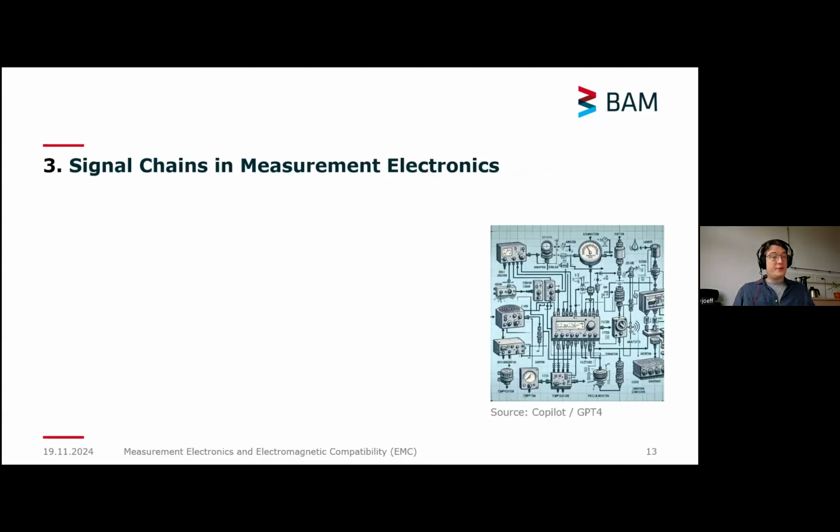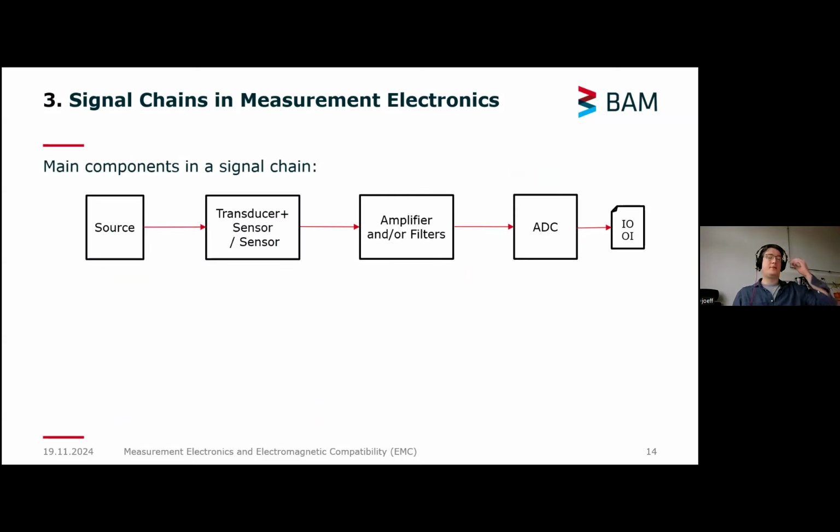So the signal chain itself, I would see it as follows. You have a source of any kind, and you have a transducer converting the energy from one form into another, and then a sensor would pick up that converted energy. In case you have to amplify the signal, you use an amplifier.